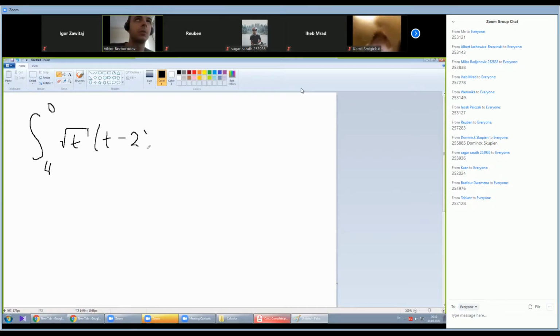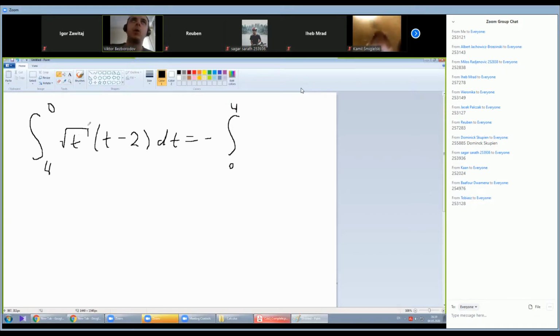First thing we want to do is to have the limits from 0 to 4, right? So you want the upper limit to be greater than the lower limit.